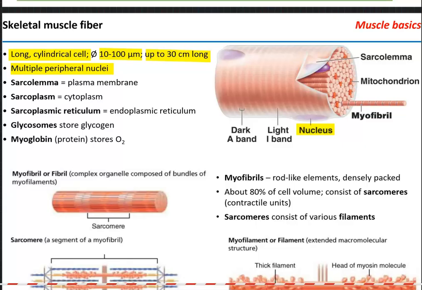The term that is used for the plasma membrane of skeletal muscle is sarcolemma. Basically, everything with myo, mys, or sarco refers to a muscle. Sarcoplasm, cytoplasm; sarcoplasmic reticulum, endoplasmic reticulum.